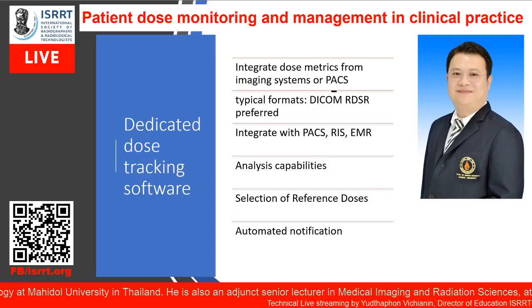And then for radiation dose tracking systems, we have another format we call RDSR, Radiation Dose Structured Report. In this system, especially in interventional radiology, if you want to know what angle the tube points to the patient, things like that, you need RDSR to help you calculate the skin dose.